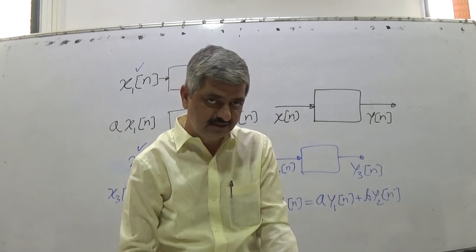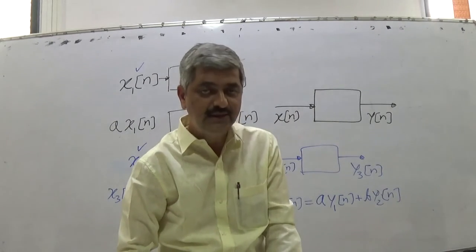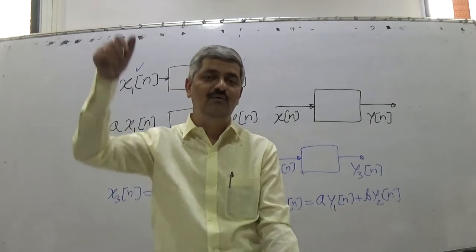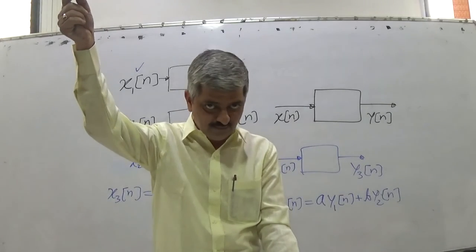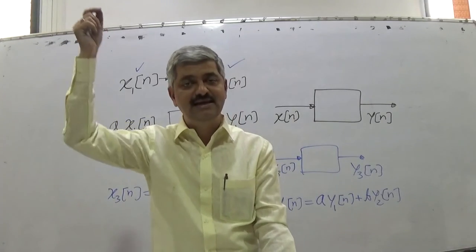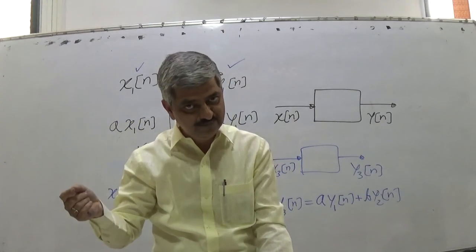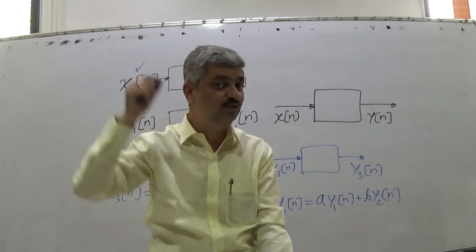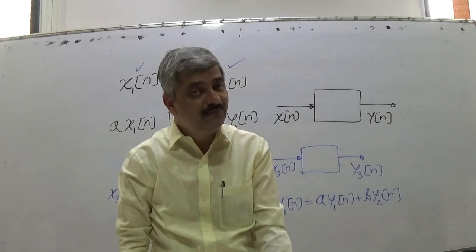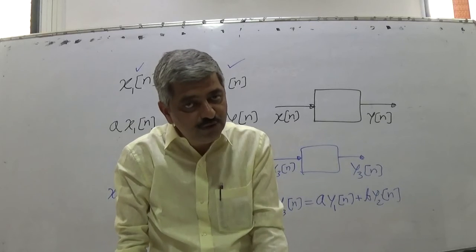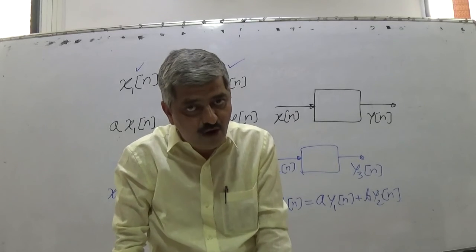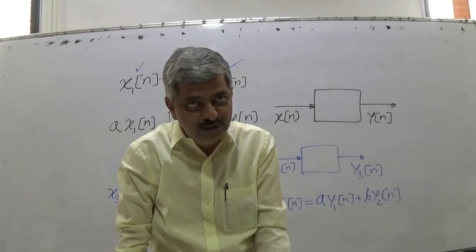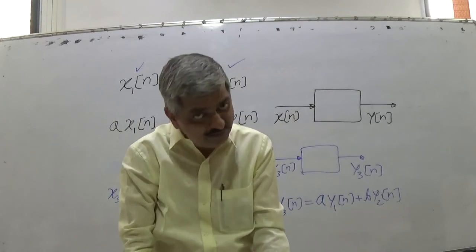A system is called linear if I apply input x1[n] and separately apply input x2[n], and obtain outputs y1[n] and y2[n] for these two separate inputs. Then if I apply an input which is a weighted sum of these two inputs, I will obtain some output.